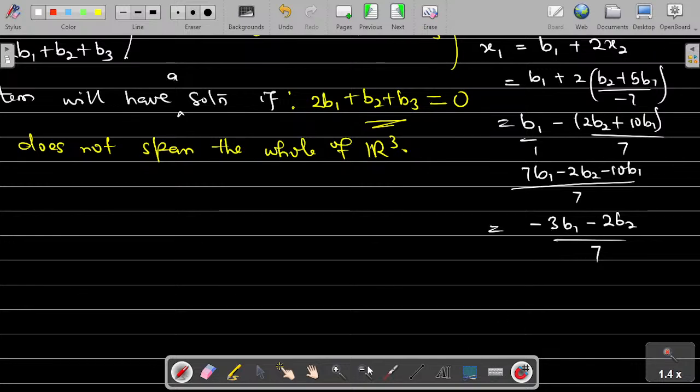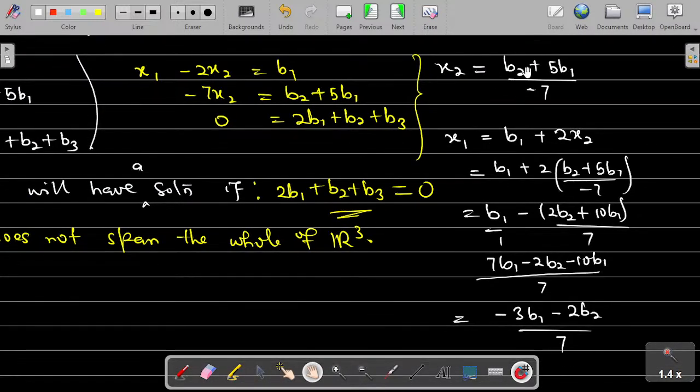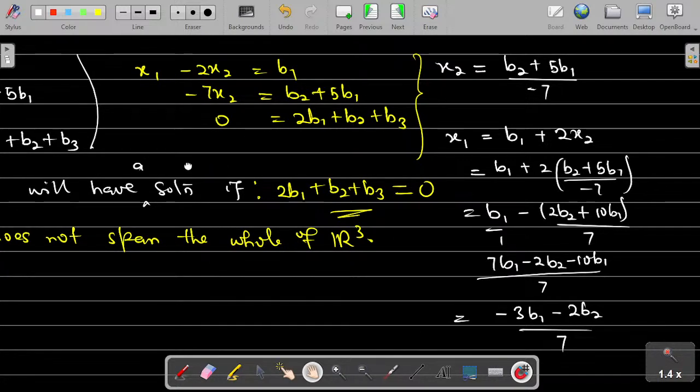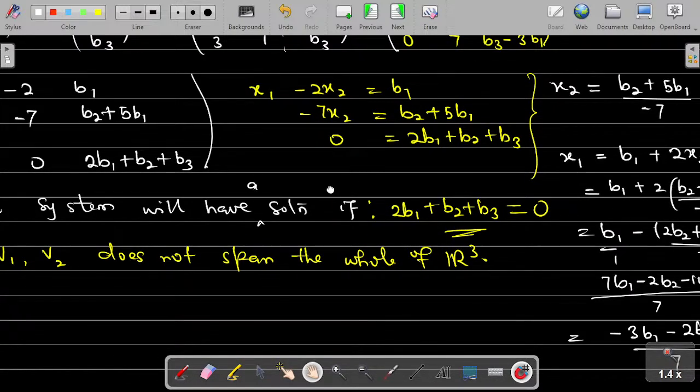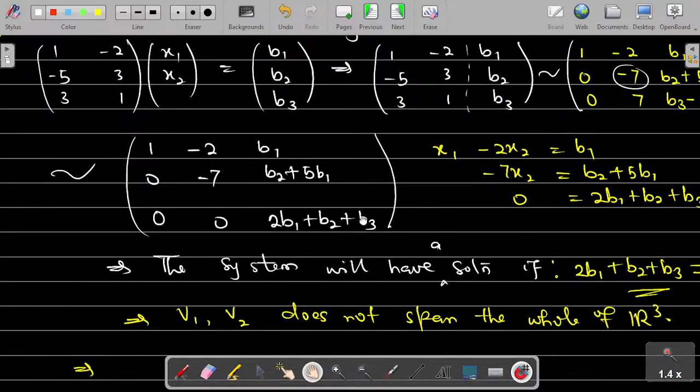Meanwhile, come up a little bit. I hope I didn't make any mistake here. Yeah, this is my x2. Is this x2 correct? Remember my row reduction formula here. Let me be sure.